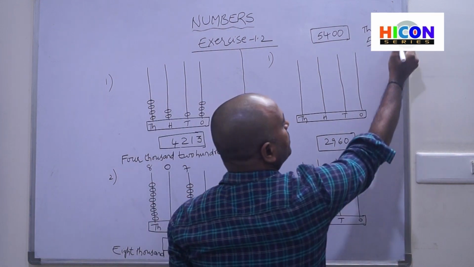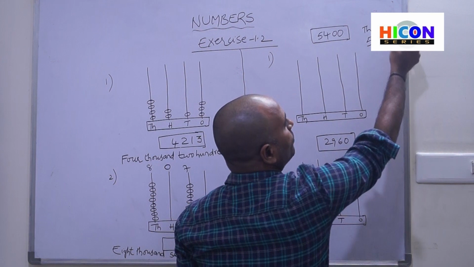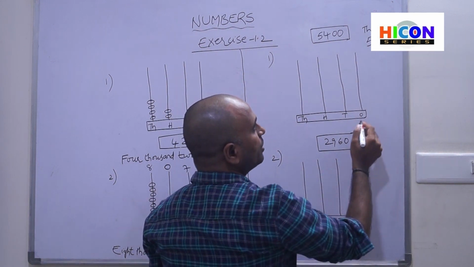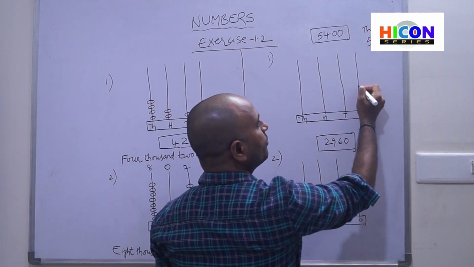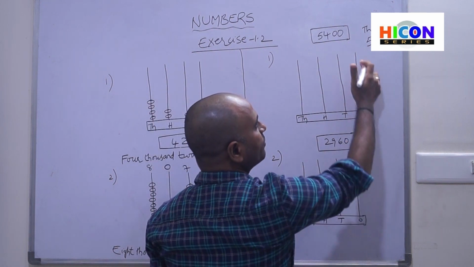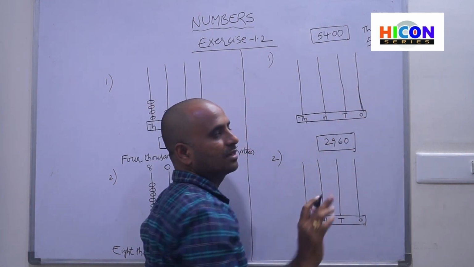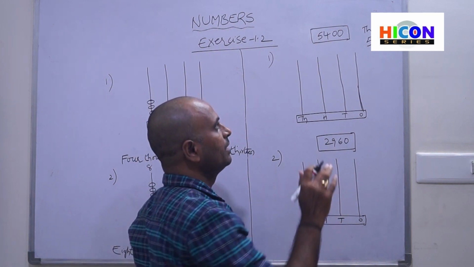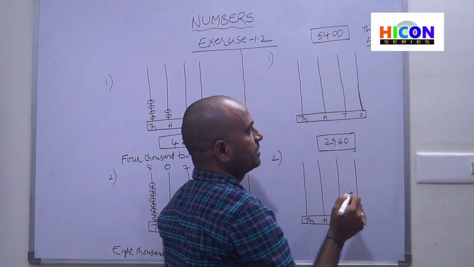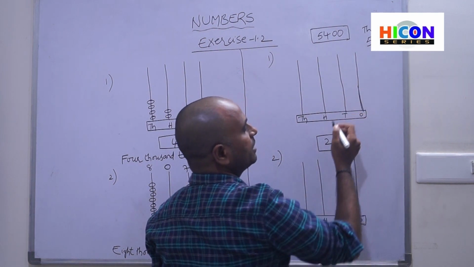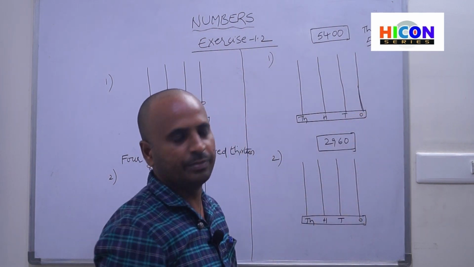Here 0 is present in the ones place, so no beads should be drawn on the ones place stick. Also 0 is present in the tens place, so the tens place stick also does not contain any beads.